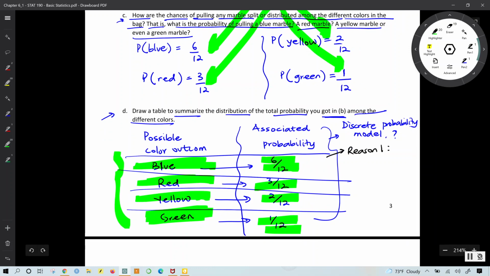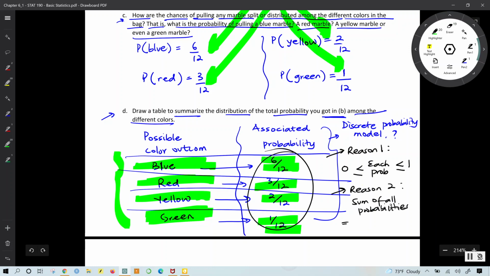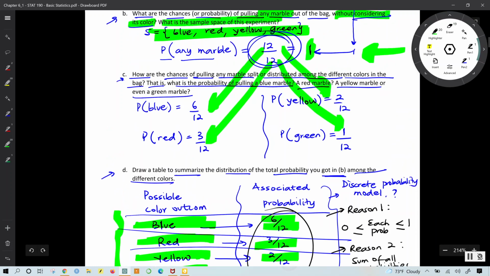Reason 1, each probability is a number between 0 and 1, 0 and 1 inclusive. Reason 2 is that the sum of all the probabilities, that is combined, is equal to 12 out of 12, which is 1. Remember, that was what we got in part B.